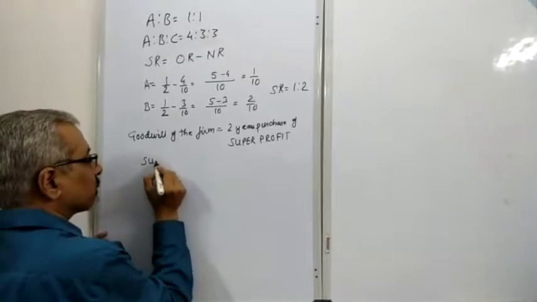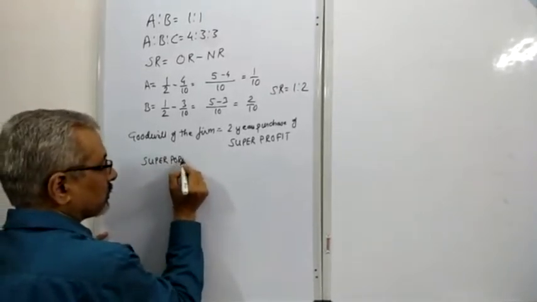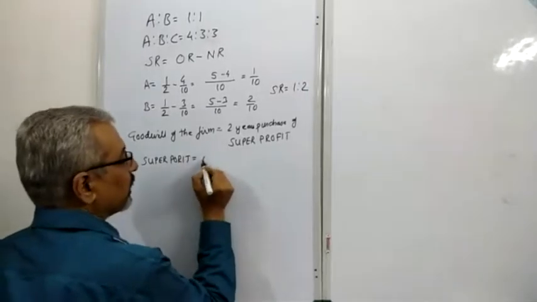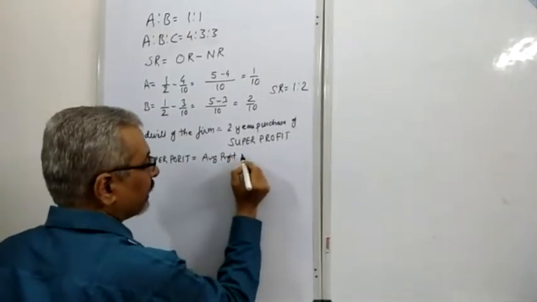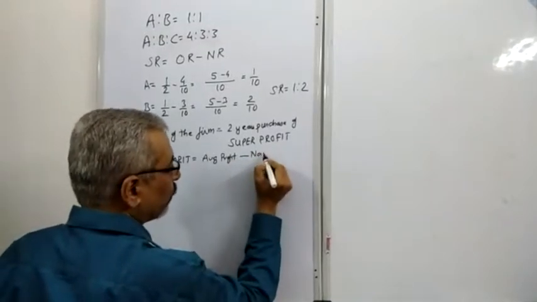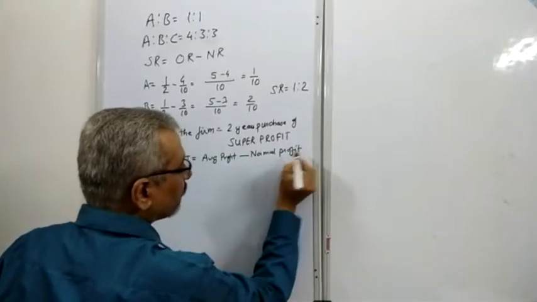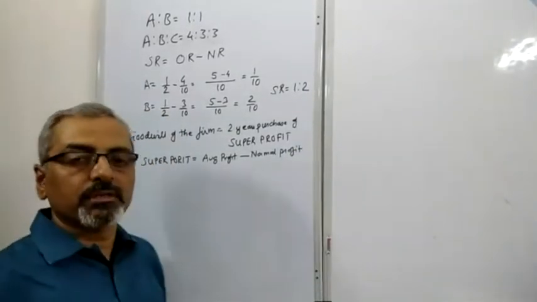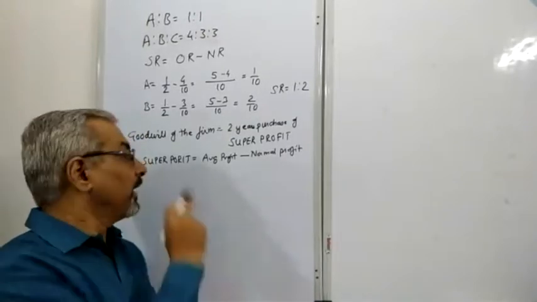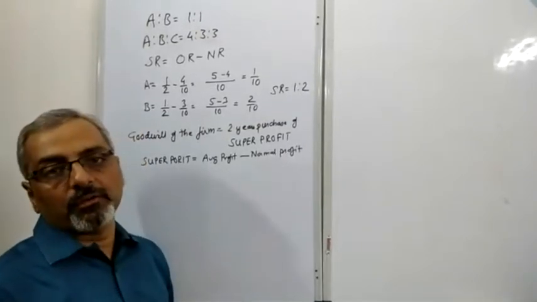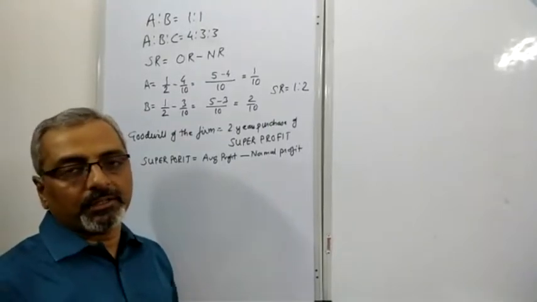Super profit is average profit minus normal profit. You can see very carefully, the question has given you a normal rate of return as 15% and the average profit is actually given to you as 75,000. If you read the question, you will get this information.